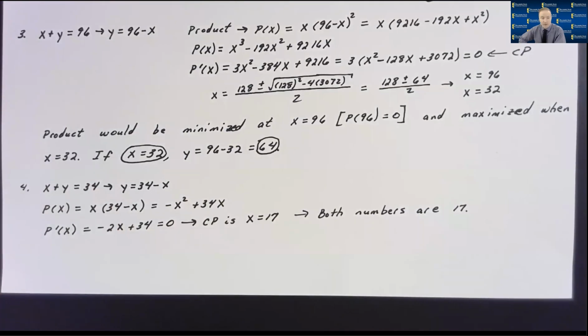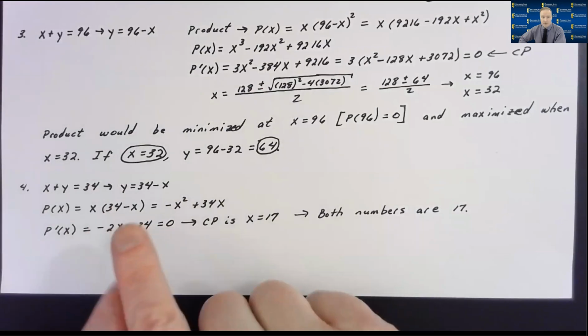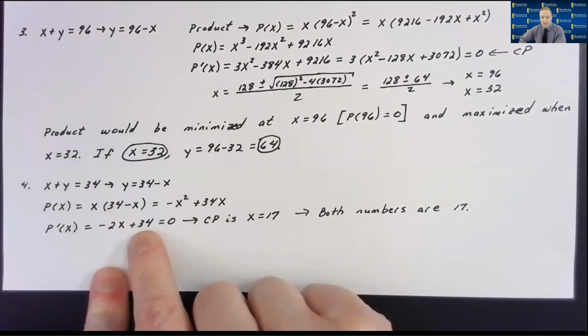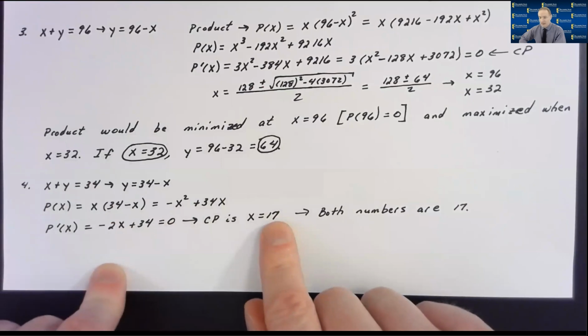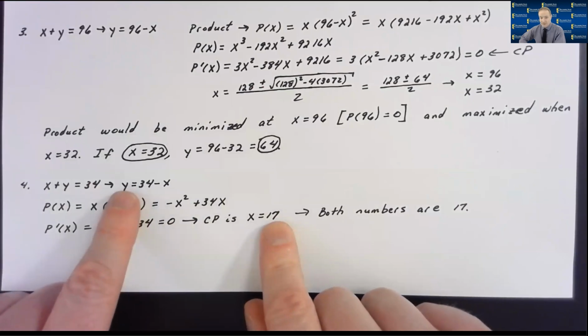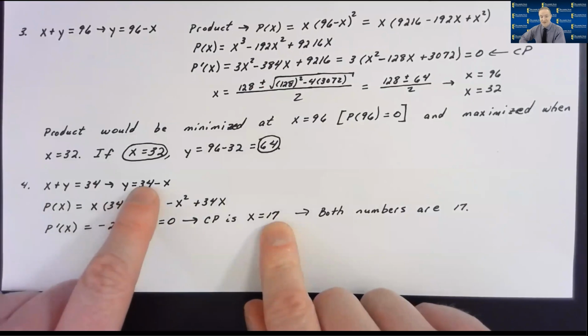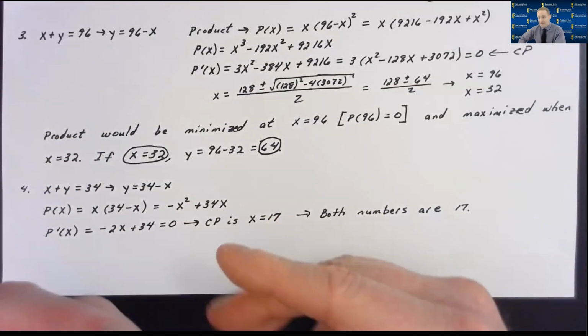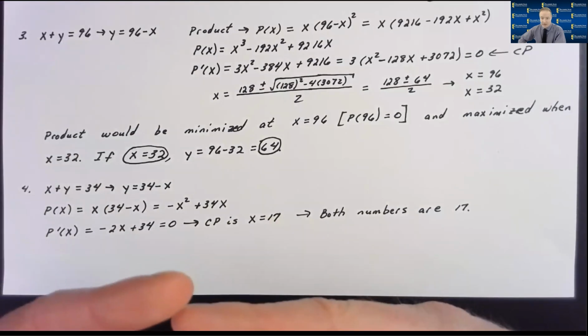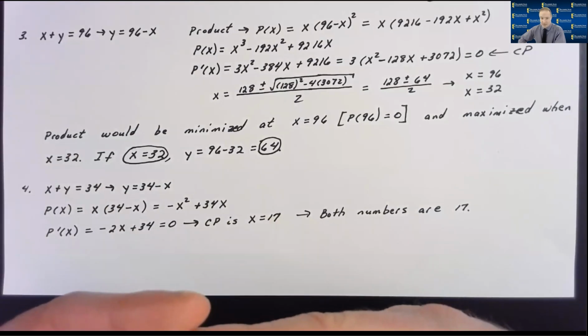So I can say, well, all right, the derivative is negative 2x plus 34. When I set that equal to 0, I'll get 2x is equal to 34 and x is equal to 17. Now, if you know x is 17, then it's easy to solve for y because it's 34 minus 17. It's also 17. It makes sense that the product is maximized when the two numbers are the same.